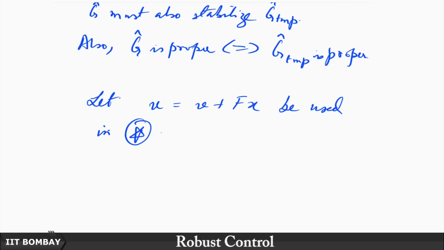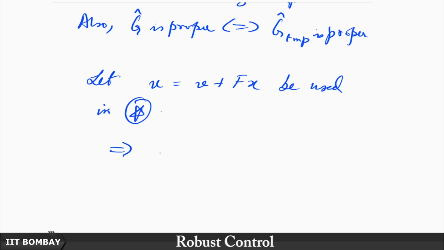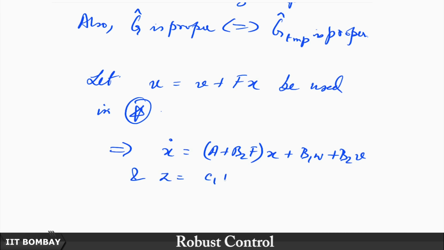This leads to x dot is equal to (A plus B2 F) x plus B1 w plus B2 v, and z is equal to (C1 plus D12 F) times x plus D12 v.